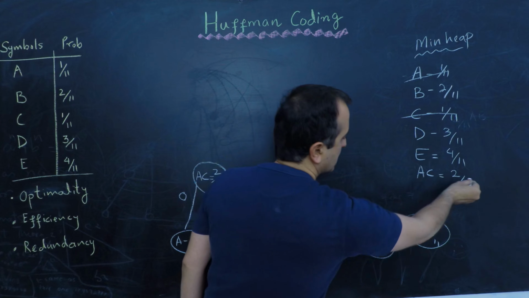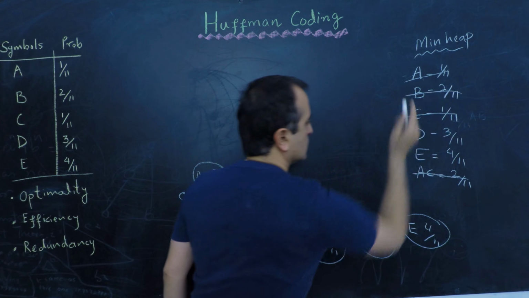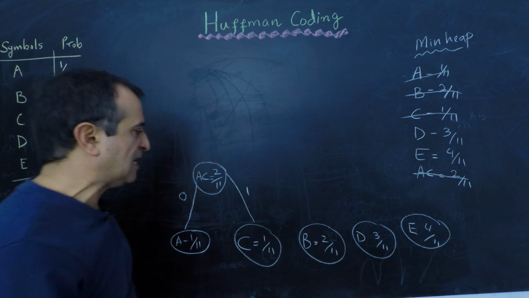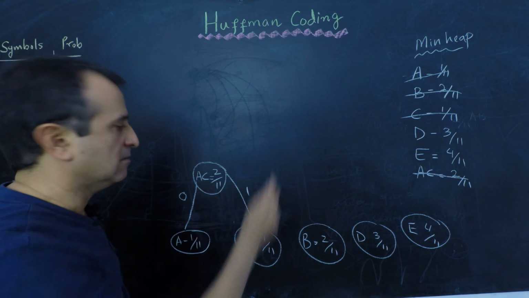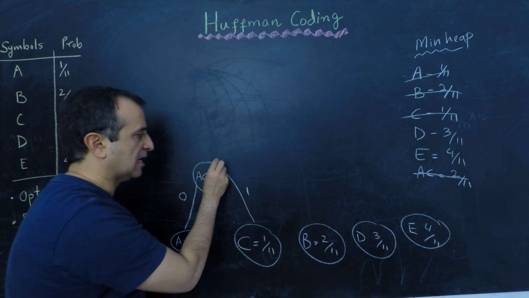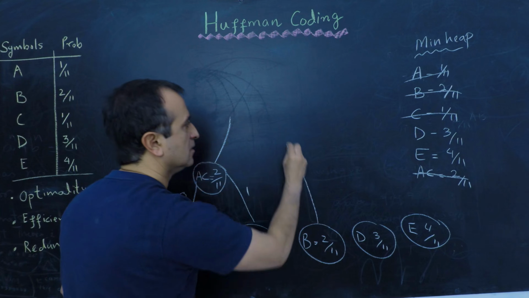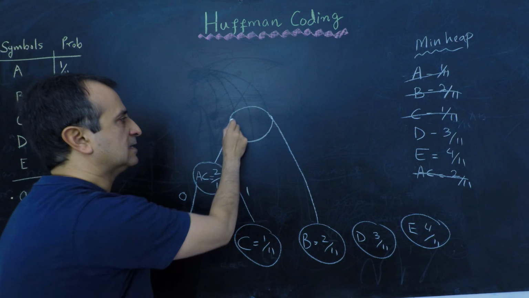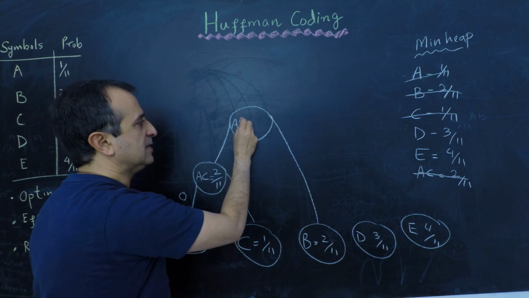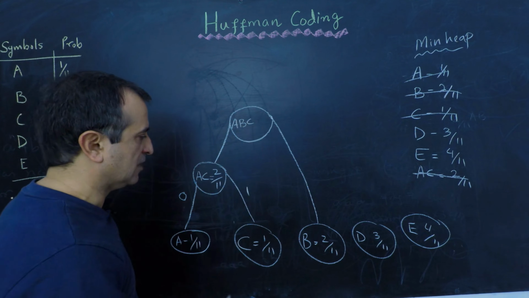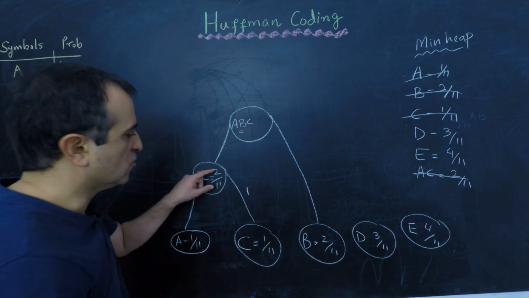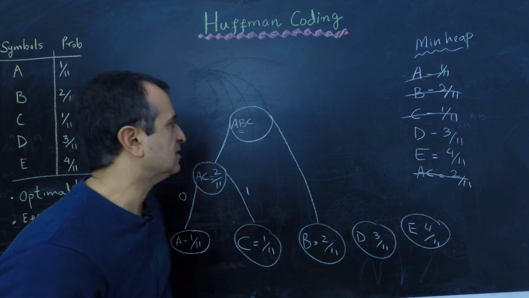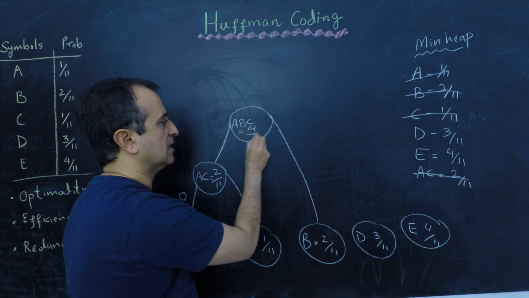So we will extract them. So AC and B will be extracted. And we will combine them to create a new node. Let's call it ABC with value 2 over 11 plus 2 over 11 equals 4 over 11.